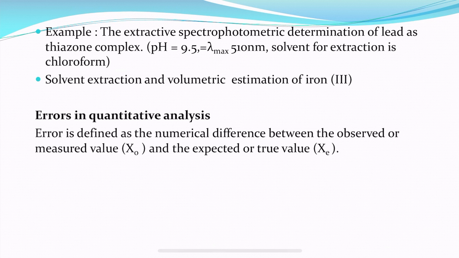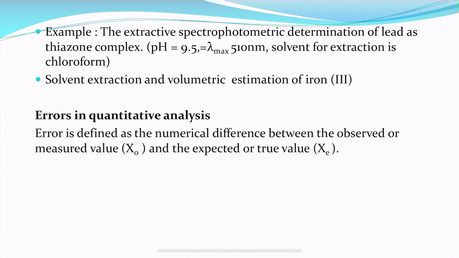Sometimes operative errors also take place. All these have to be analyzed to reduce the errors and also to get accuracy and precision in performing the experiments. Definitely these errors should be reduced as much as possible. We have to reduce the percentage of errors.